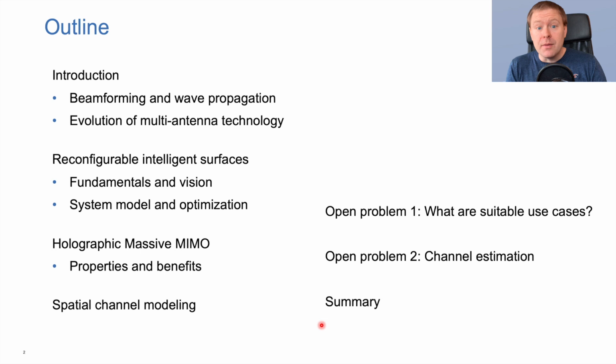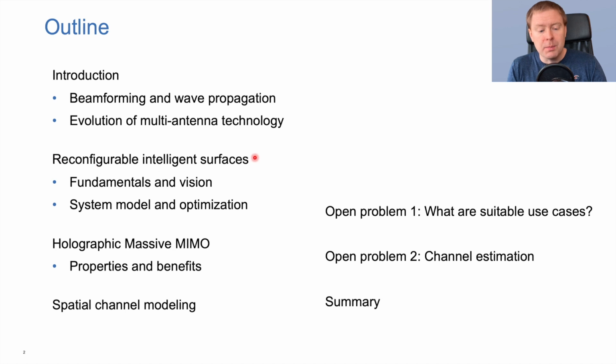So the outline of this tutorial will be like this. First, I will spend quite some time to provide an introduction to beamforming and wave propagation in general, and talk about the evolution of multi-antenna technology, which is sort of the basis behind both of these two concepts, reconfigurable intelligent surfaces and holographic MIMO.